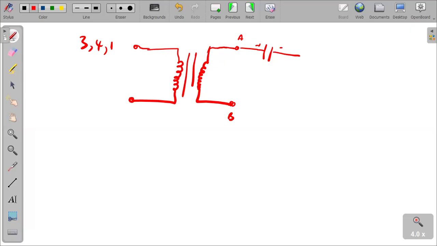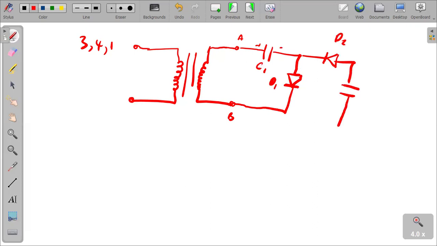And then we have a diode that is connected in parallel. There is the diode here. And then we have another diode again at this point. So we shall label this one T2, right? And there is our capacitor.